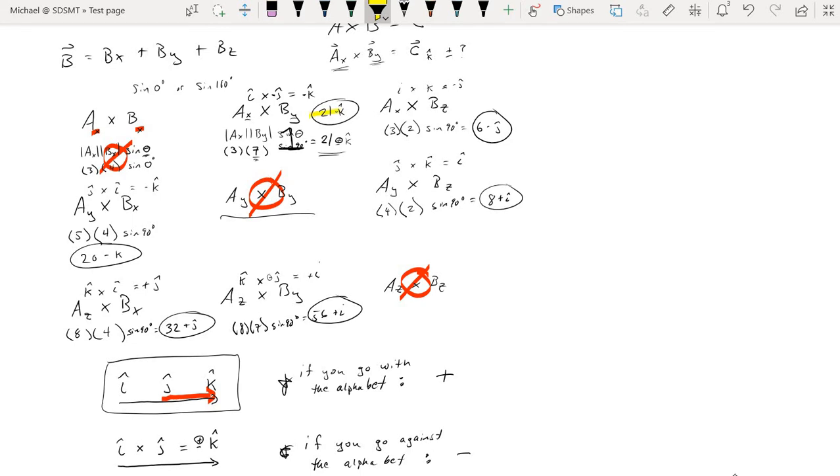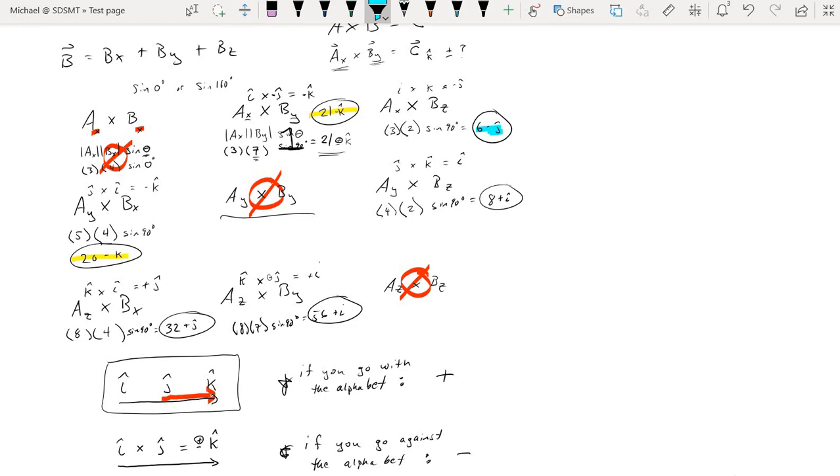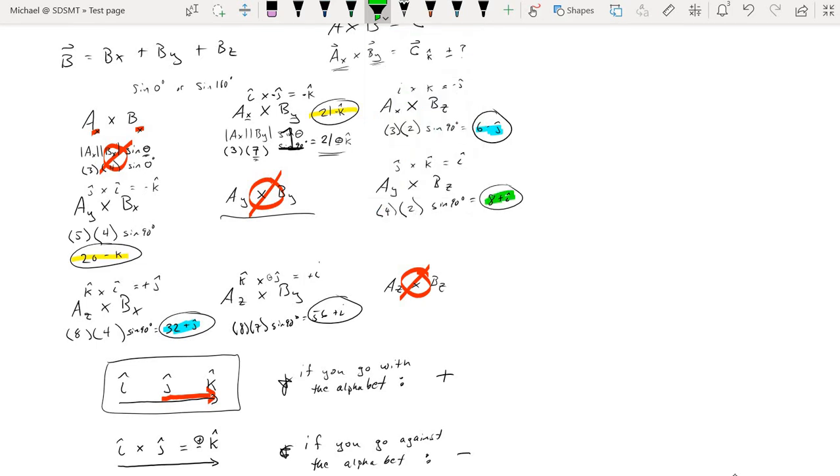I have 2 terms that are going to end up contributing to the final z component of our vector. I have two terms that are going to contribute to the final y component, and I have two terms that are going to contribute to the final x component. And so the way we do that is, well, we're going to add them together.